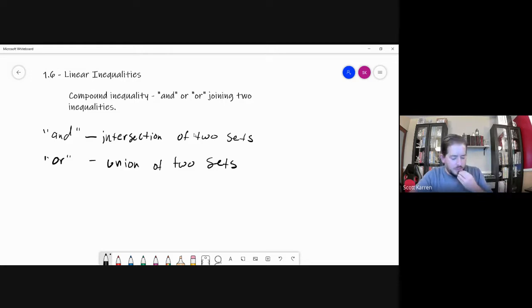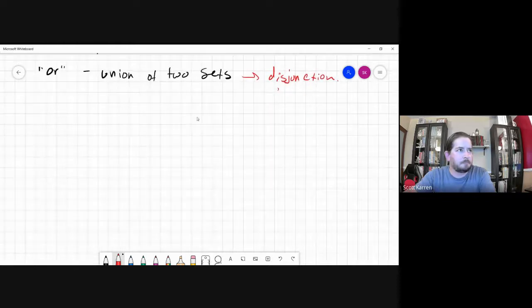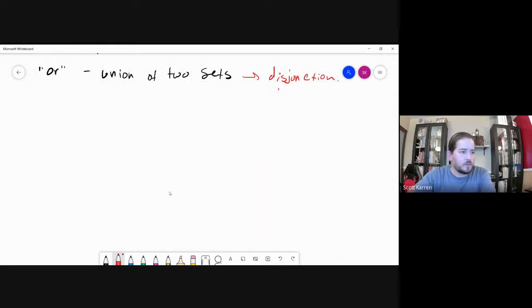So a lot of times you'll see and referred to as a conjunction, and then or as the disjunction. So what do I mean by this? Well, let's take a look at a couple. Let's solve this.